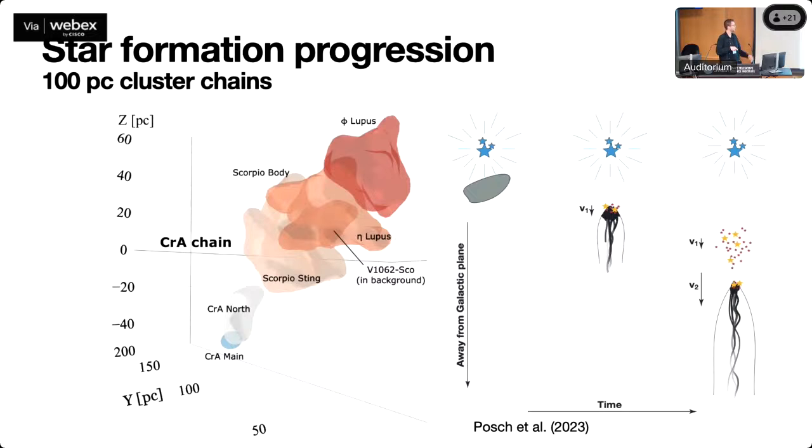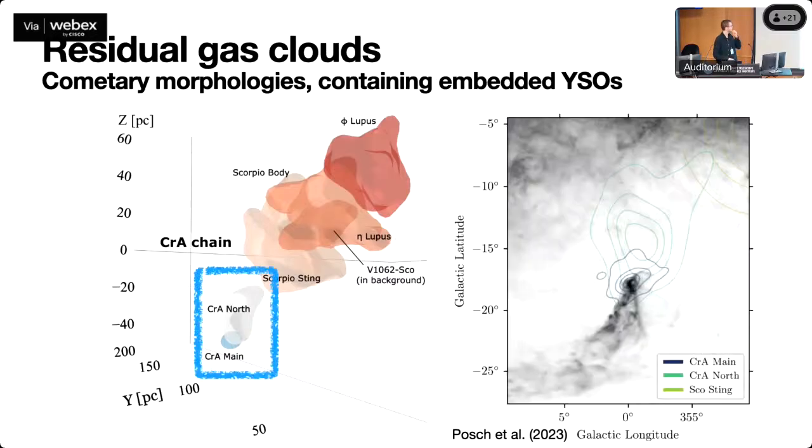They might also have massive stars and push again on the next generation, accelerating these stars away, in this case from the plane. And we even see the residual gas at the very end here, which is the very nice Corona Australis molecular cloud, where you see the clusters leading up to this cloud.